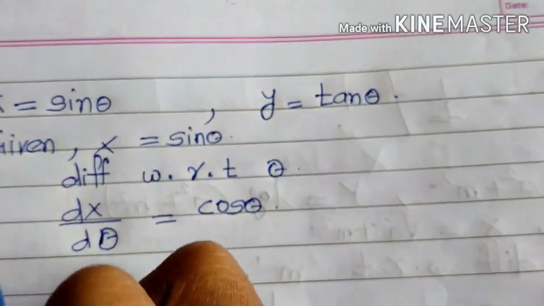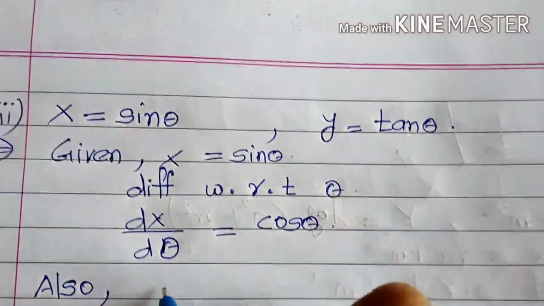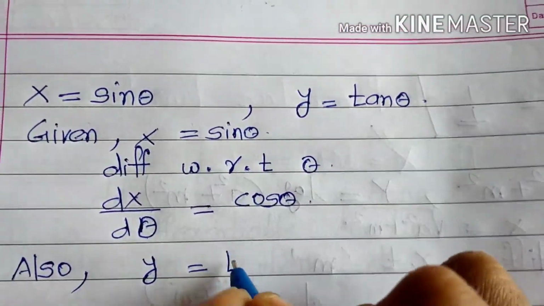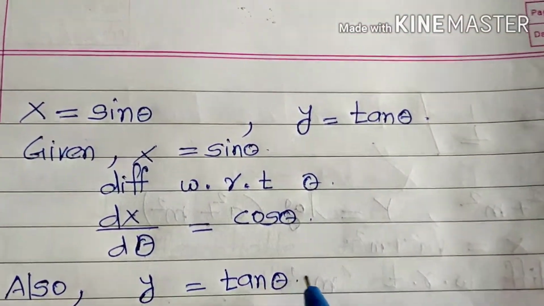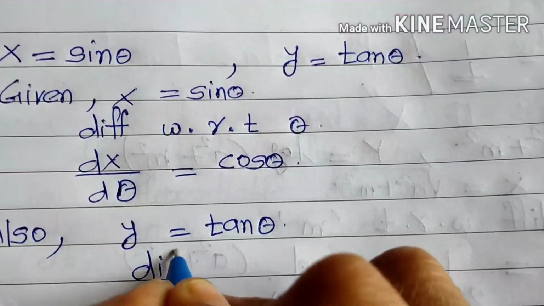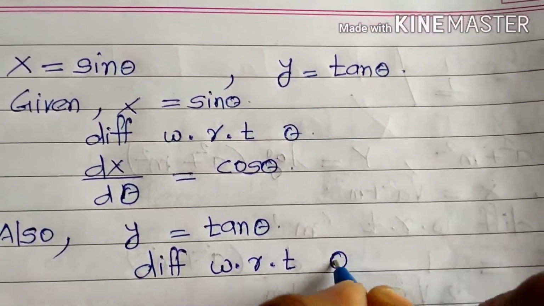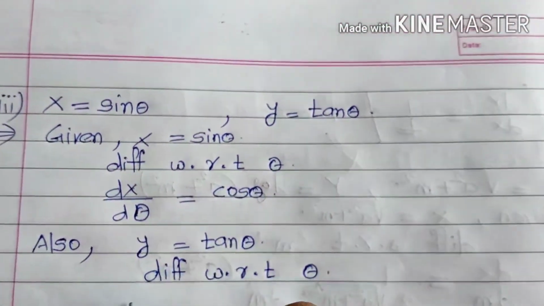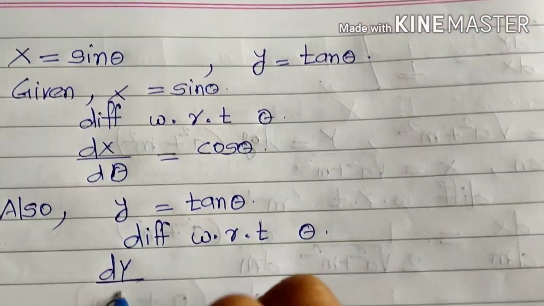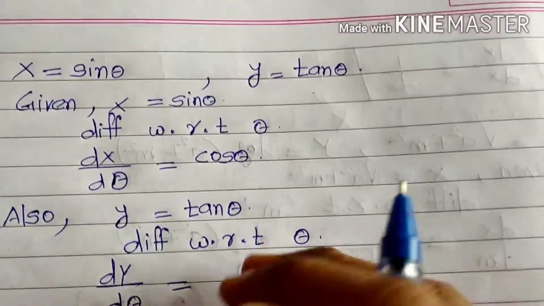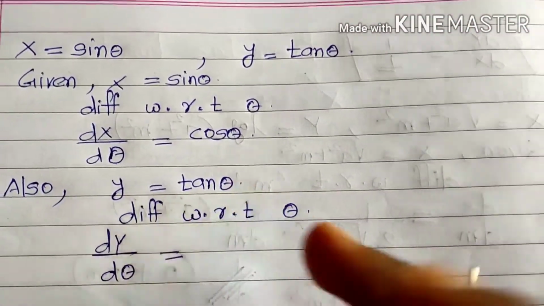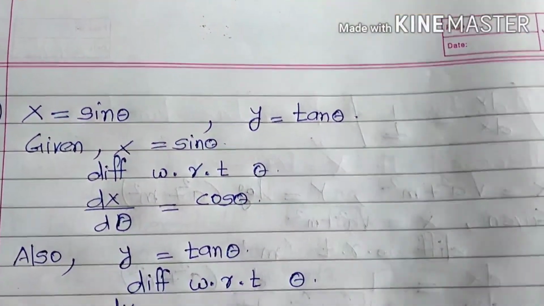Also y is equal to tan theta. Differentiate with respect to theta, and dy upon d theta is equal to the differentiation of tan theta, which is sec square theta.